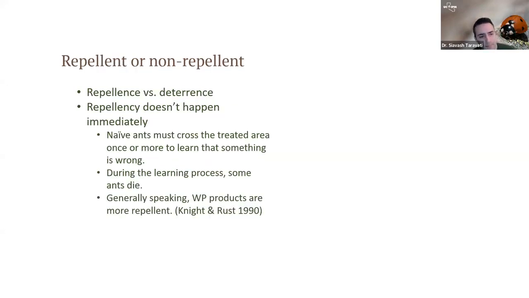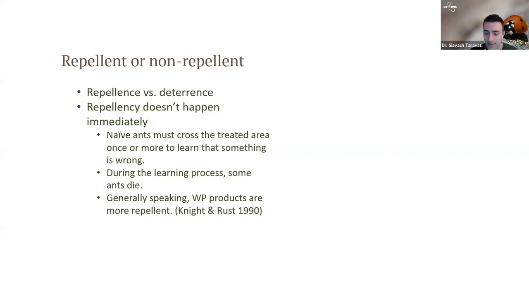And another thing to mention is repellency, or deterrence. Repellency refers to the fact that some insecticides, like most pyrethroids, repel insects. They know something is going on. But repellency doesn't happen immediately, meaning that when you treat a concrete surface, for example, and you have ants coming in, they're going to cross that treatment a few times sometimes.